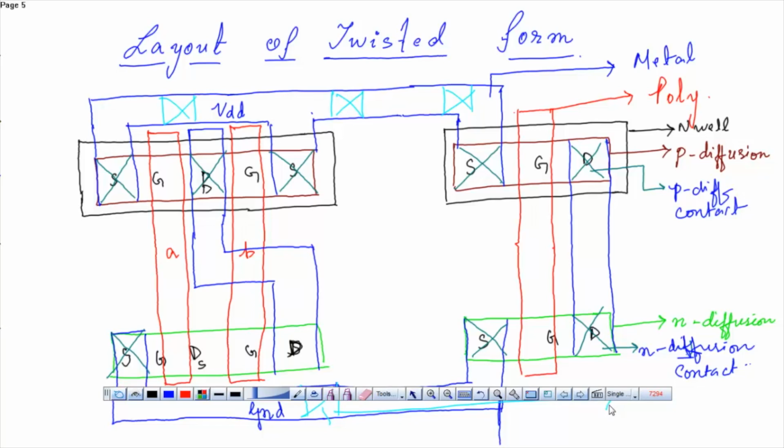This is the P substrate contact. Similarly, this one is the N substrate contact.